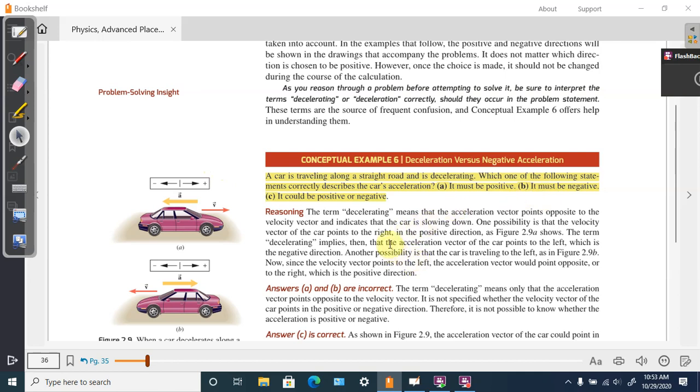The reason this one's so tricky is that, as I said in, I believe, section 2.3, when a vehicle is decelerating, in other words when it is slowing down, all that matters is that your velocity and your acceleration have opposite signs.